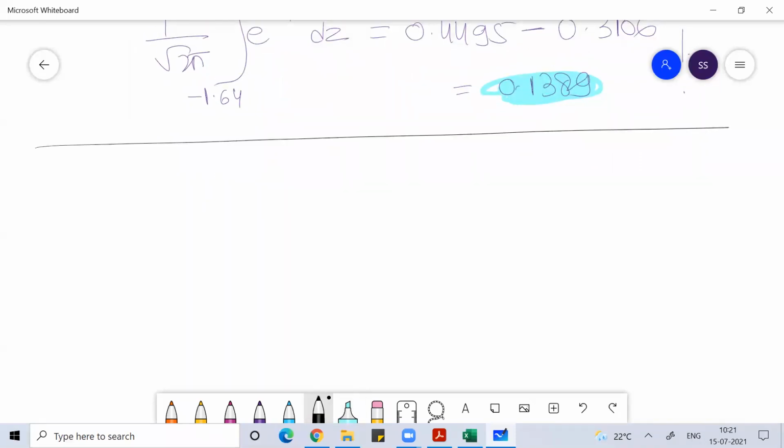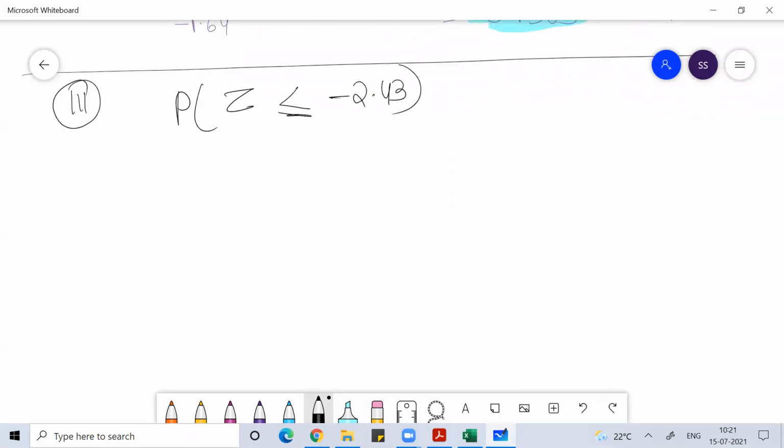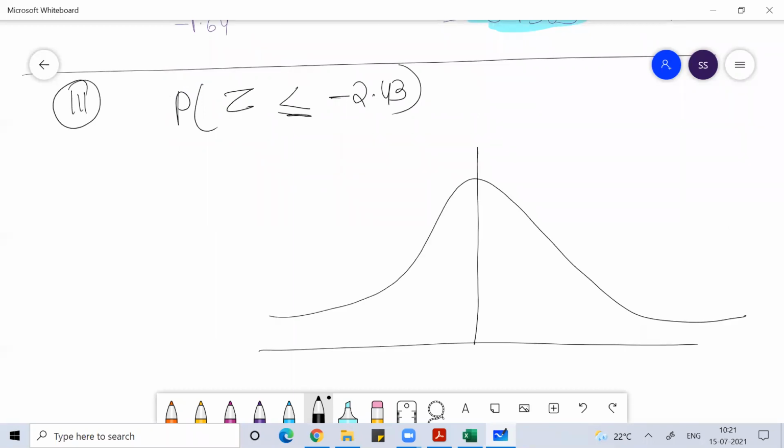The third part of the first question: the probability that Z is less than or equal to minus 2.43. We plot a normal distribution curve where Z is equal to 0.